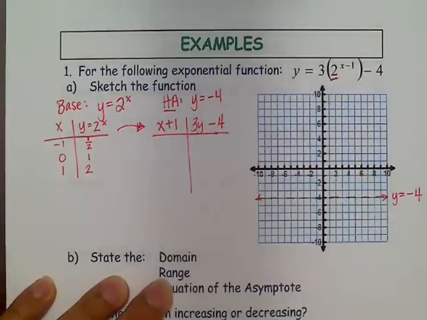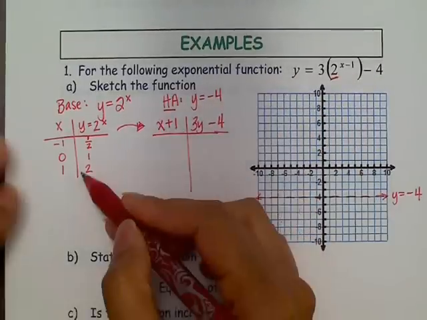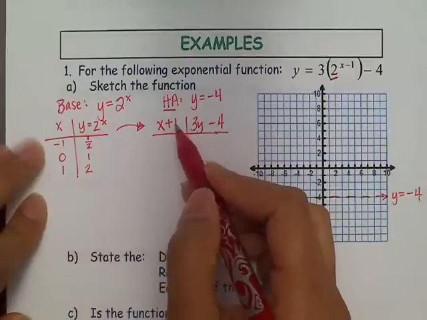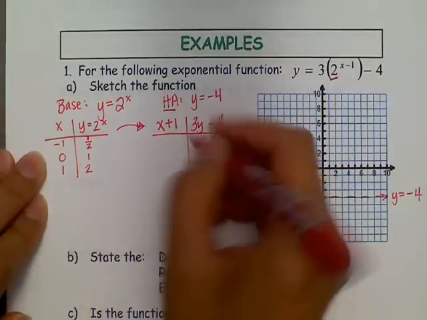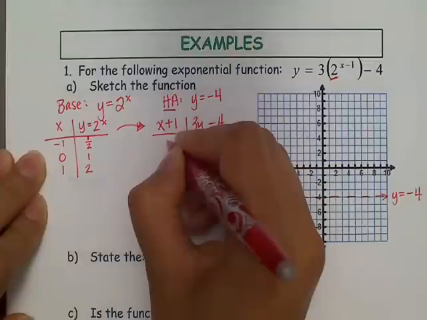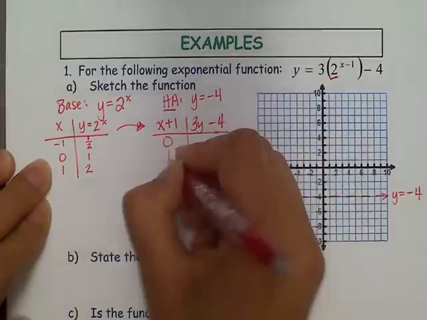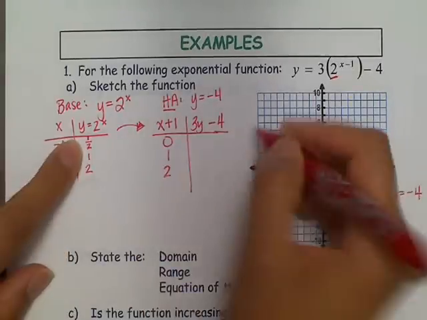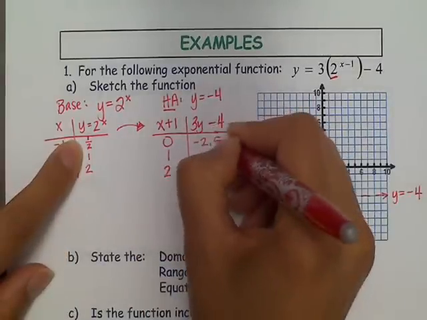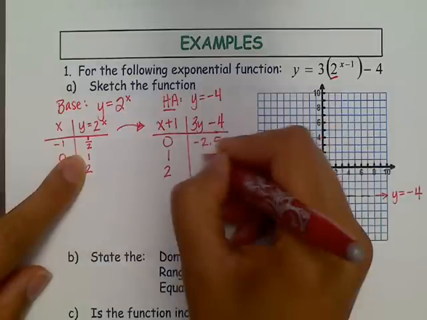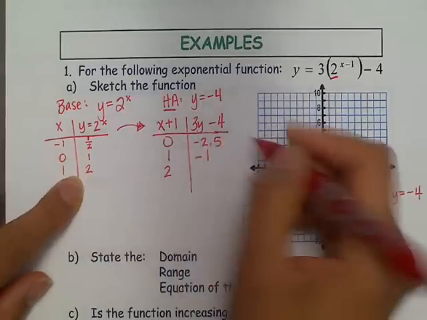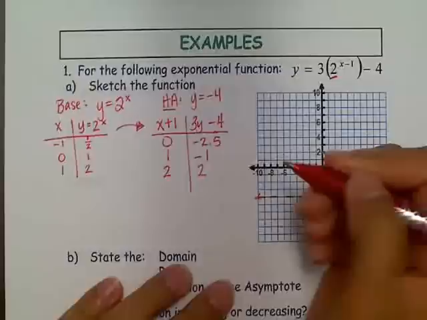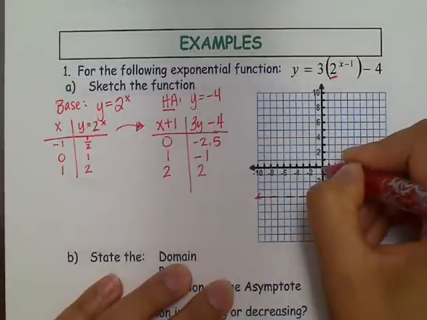There's a vertical stretch by a factor of 3 and a vertical shift down 4 units. Now I create my new points by substituting the original x and y values into the formulas. -1 plus 1 is 0, 0 plus 1 is 1, 1 plus 1 is 2. 1/2 times 3 is 1.5, minus 4 is -2.5. 3 times 1 is 3, minus 4 is -1, and 3 times 2 is 6, minus 4 is 2.